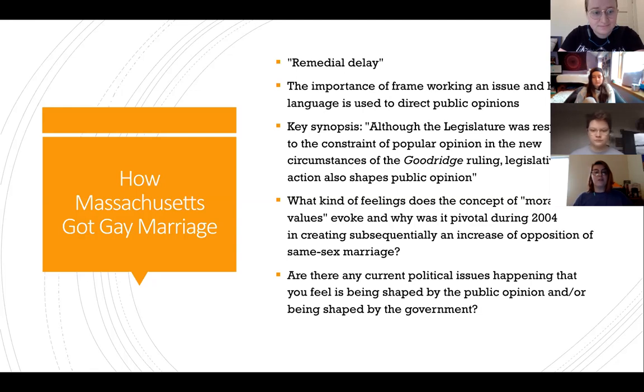So in the case of Massachusetts, seeing as they had other branches of government supporting same-sex marriage, Massachusetts was able to change those who were in favor of banning same-sex marriage to being in favor of it.